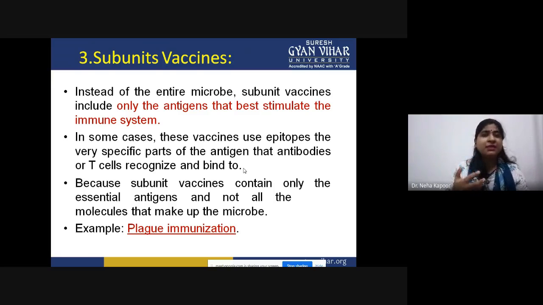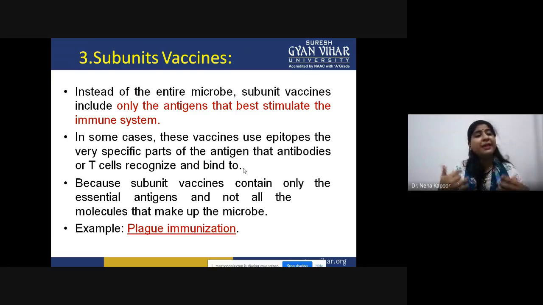In some cases, these vaccines use epitopes that are quite specific parts of antigens that antibodies or T cells recognize. So they contain the essential or specific antigenic determinants, and they are quite effective vaccines.